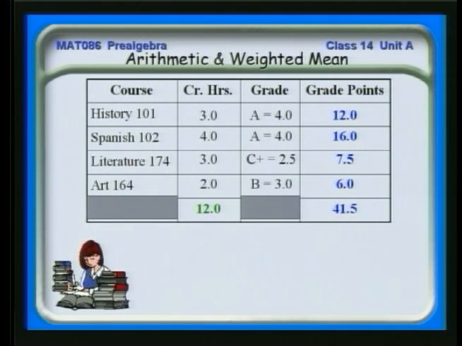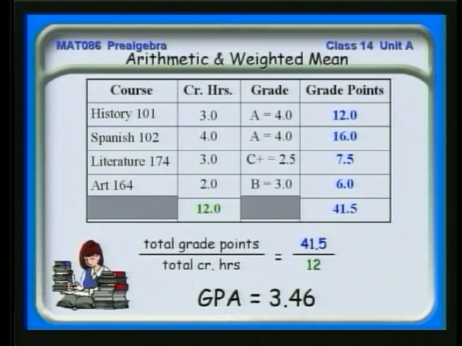There are the grade points, I add those up. Next, I do the math, I take the total grade points, which is the grade average, if you will, weighted by the credit hours, add those up, and divide by the total number of credit hours, in this case, to get a grade point average of 3.46. B plus, not too bad.